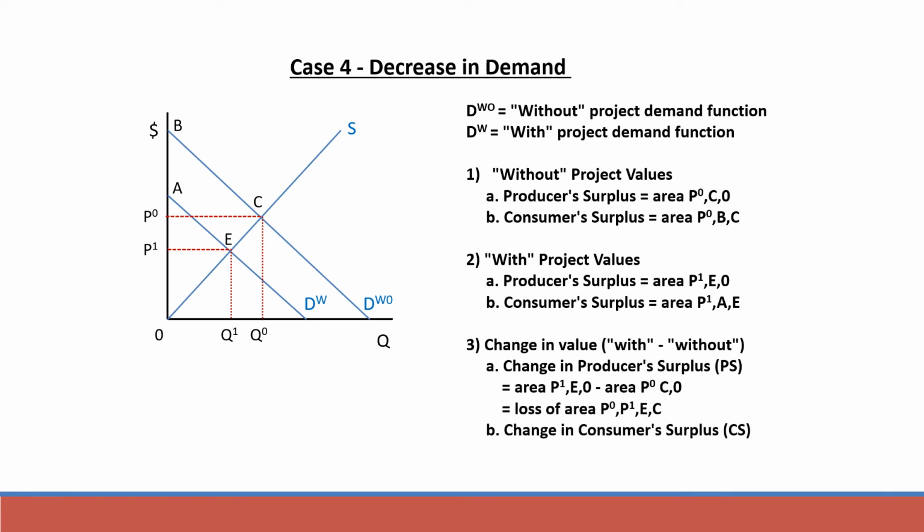At first we have this consumer surplus and this producer surplus, but after the shift in the demand curve we reach this area. Both of them decrease as a result of the shift in the demand curve.